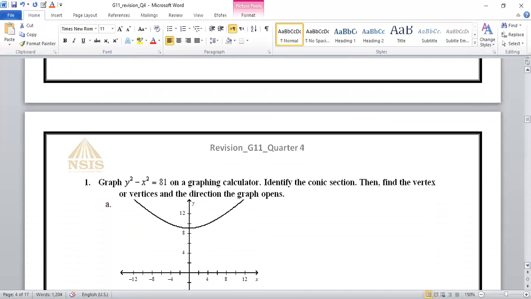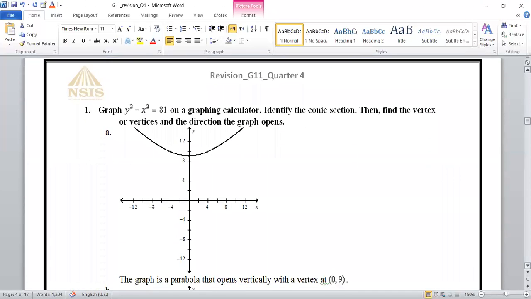Okay. Question number 1, graph y square minus x square equals 81. Okay, y square minus x square equals 81. It is not in the general form. We know that the equation of an ellipse is x square over a square plus y square over b square equals 1.